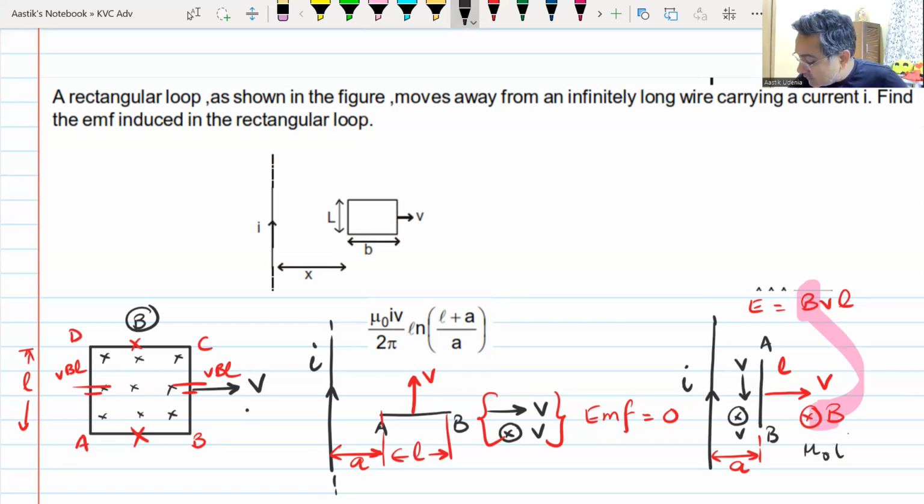Mu naught I by 2 pi A. Yes or no? Yes. Do we understand this? Having understood all the three cases, can you now solve this question?